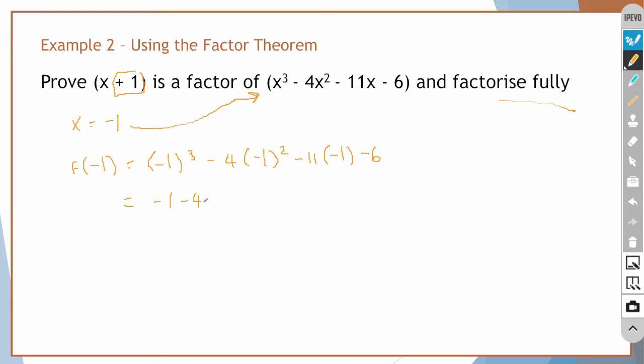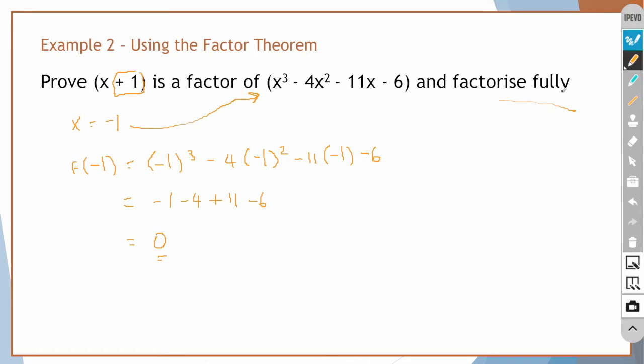Minus 1 times minus 11 gives us positive 11. And then we got minus 6. So minus 1 minus 4 gives us minus 5, plus 11 gives us positive 6, minus 6 gives us 0. So the fact that we got 0 here tells us that x plus 1 is a factor of this function because there's no remainder when we take out a factor of x plus 1.